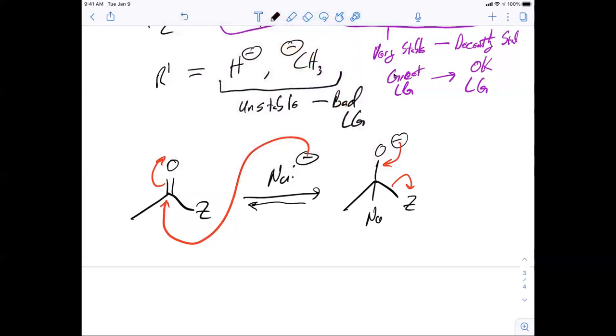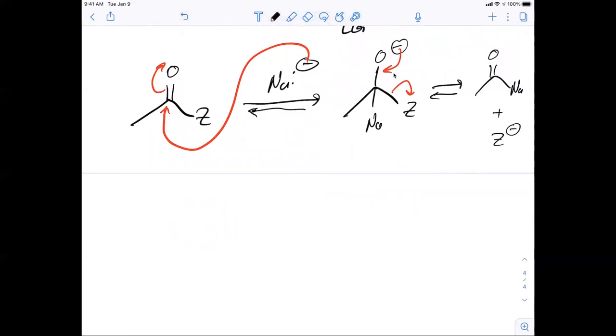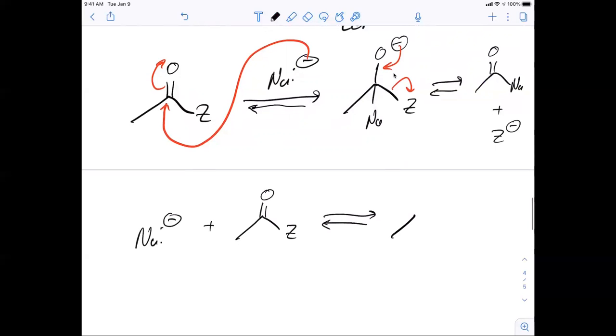Yes, so that back reaction is also possible. Then this gives me the nucleophile substituted, plus the Z. If we look at this reaction, what I'm really going to be comparing to know whether these reactions are going to occur is that I've got an equilibrium process here.